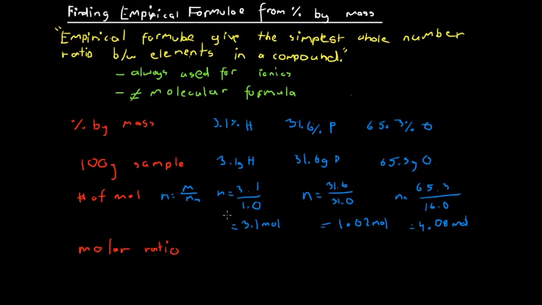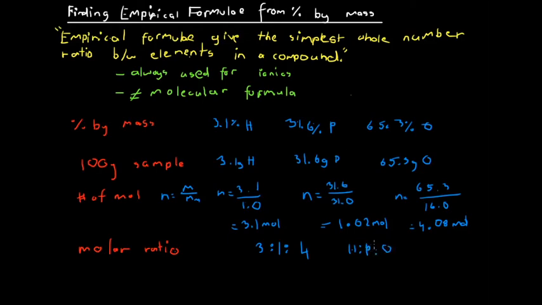And so, although it's not exactly perfect, we have very close to exactly, but not quite, a ratio of 3 to 1 to 4 of hydrogen to phosphorus to oxygen.